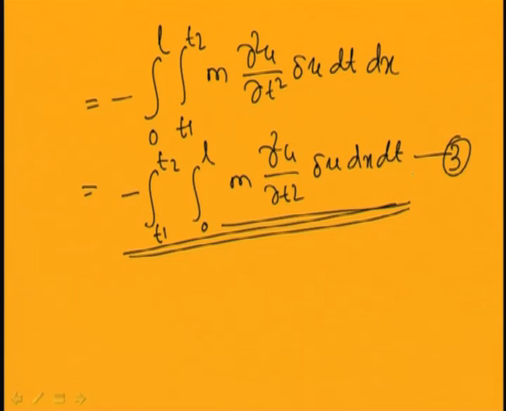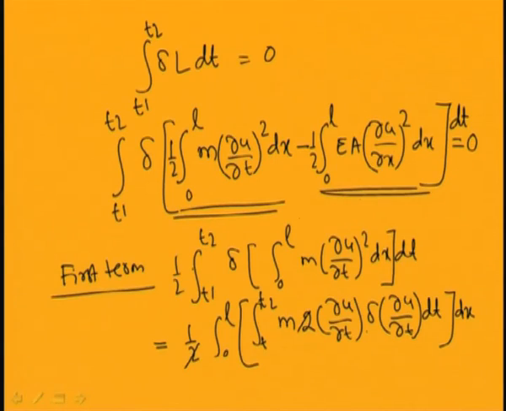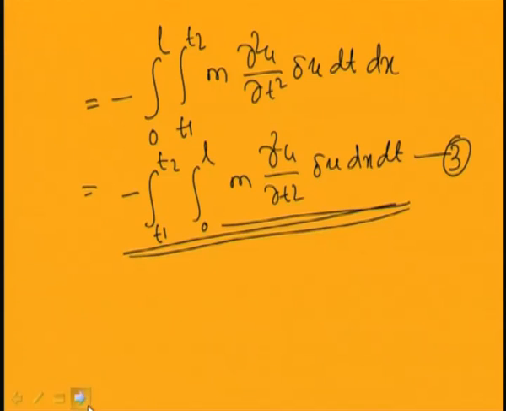So now taking the second term. This is the first term I have taken and this is the second term, and for the second term you just note that there is a negative sign. So I can write this second term as minus integral T1 to T2 half, 0 to L E A del of del u by del x whole square.